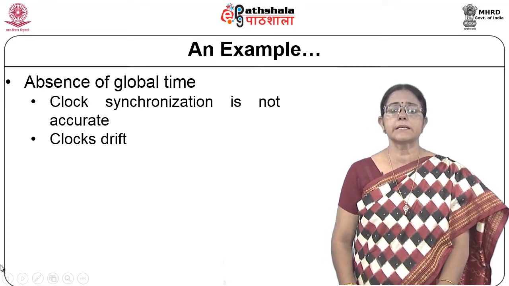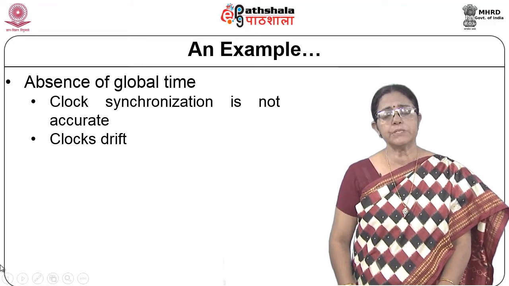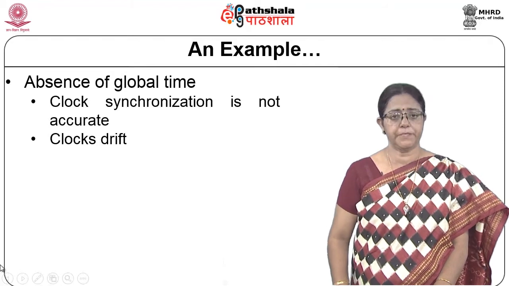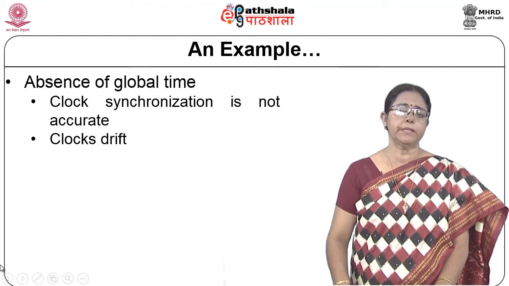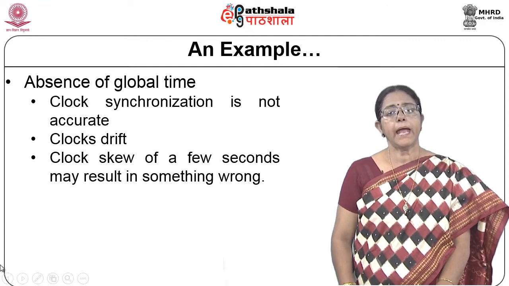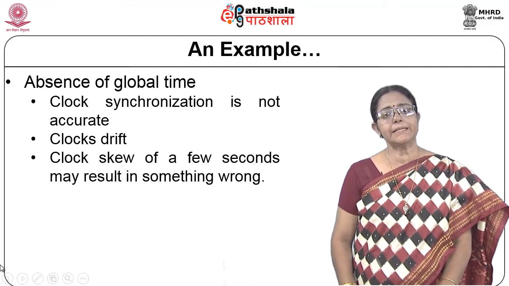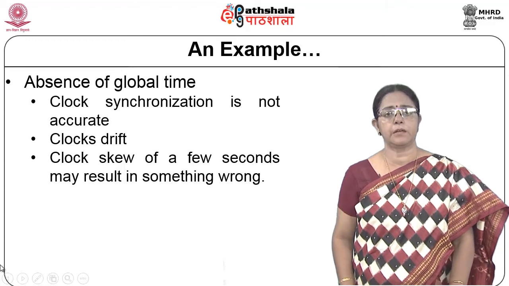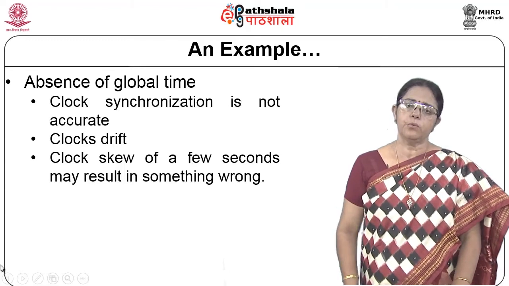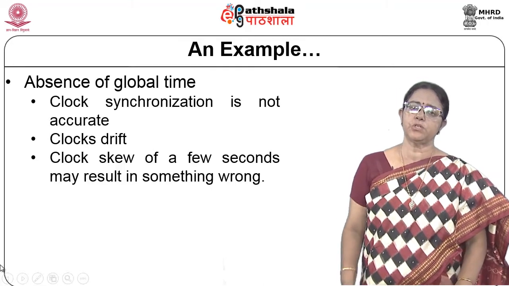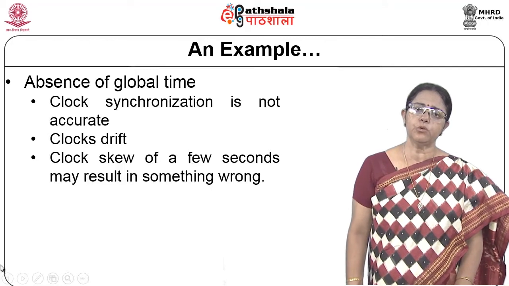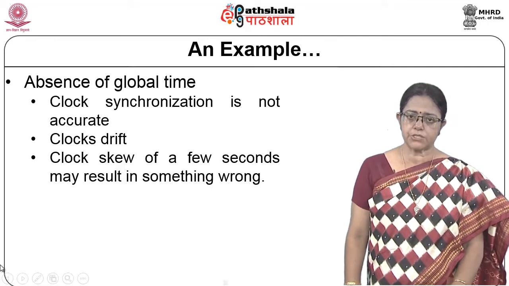The clocks drift, they do not have the same rate of change over a period of time. So, they give different times even starting from the same point, and unfortunately they drift in different manners and different ways. So, the skews, which are the differences in times between two synchronized clocks, become too high, and therefore we lose the concept of synchronization.